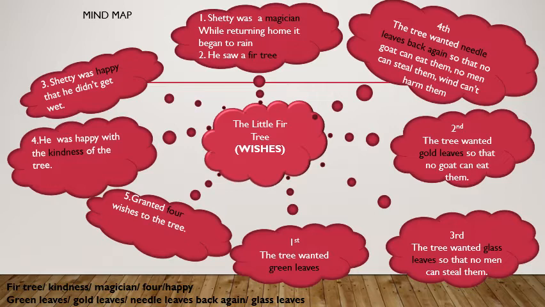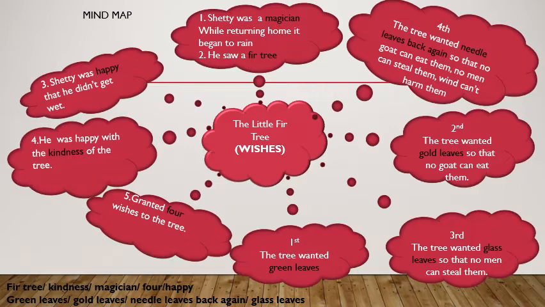How many of you have remembered? Let's see. So, Shetty was a magician. While returning home, it began to rain. He saw a, what did he see? He saw a pretty little fir tree. Well, here pretty little is not written, simply fir tree is written. So those who have written pretty little fir tree is also correct. Those who have written simply fir tree, no problem, it is also correct.